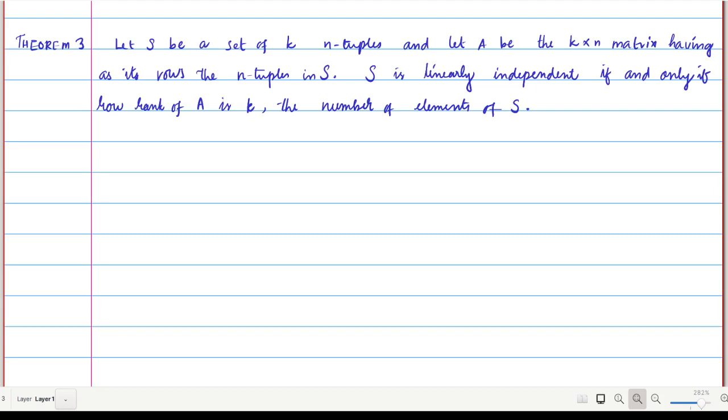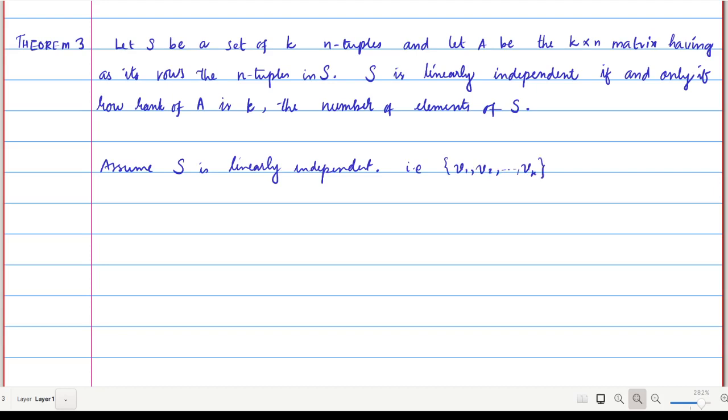So we start with the first part. Assume S is linearly independent. That means all the k n-tuples are linearly independent. We call these n-tuples v1, v2, etc., vk.